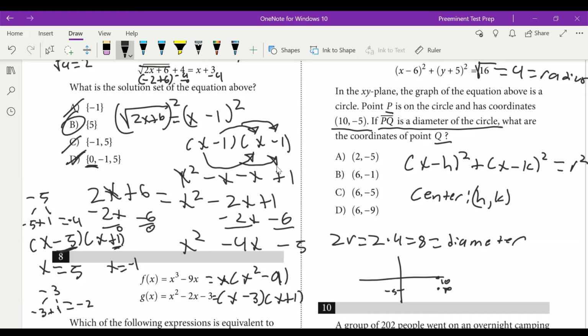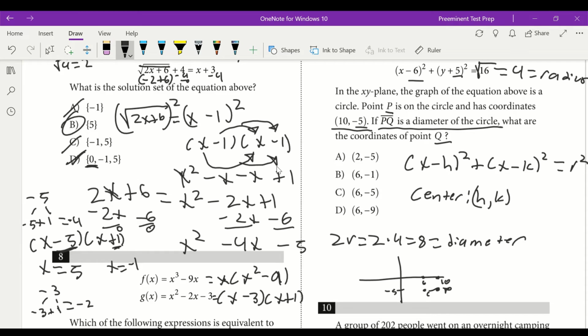Okay. Well, we also have our center. We see our center is going to be h is 6 and k as negative 5, right? So we're going to have 6 here, and it's also going to be at negative 5. So we'll call our center point C, right? Well, we know that our diameter is 8, and we know that it's a line, right? Well, our point P's y value is negative 5, and so is our center.